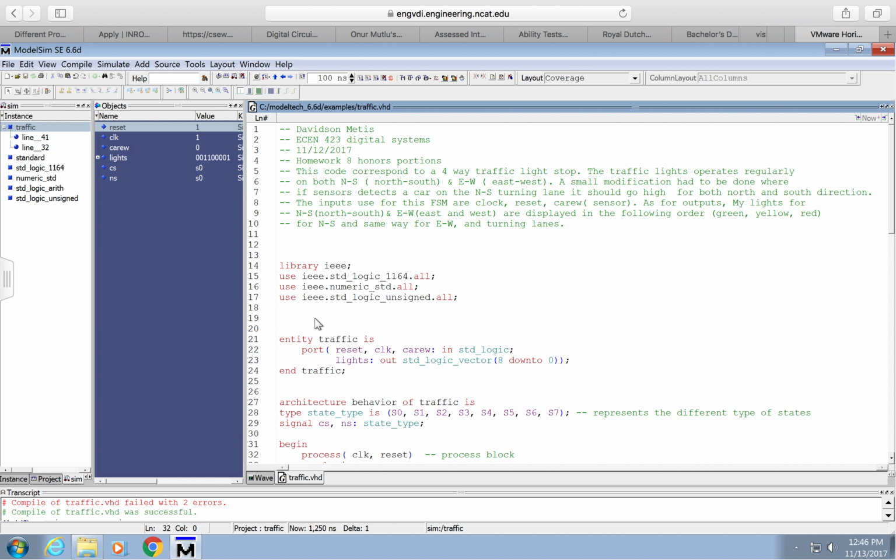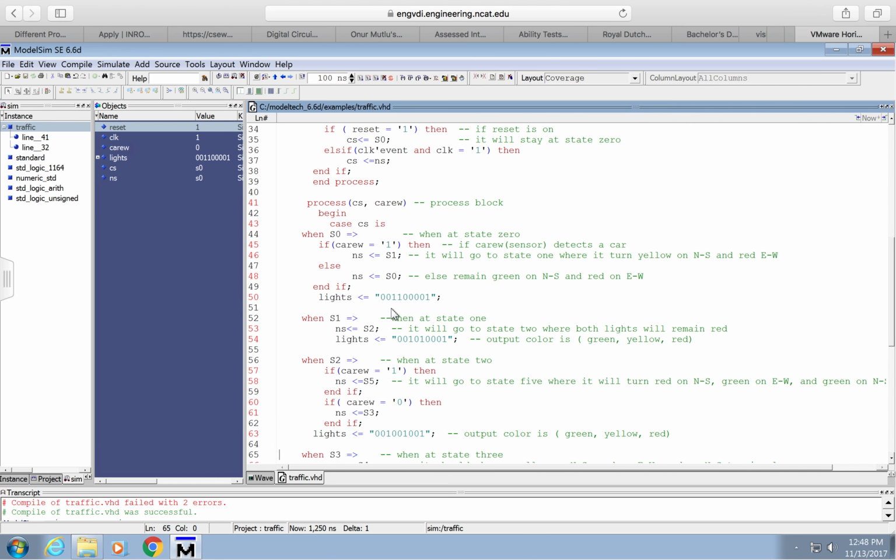So I didn't include any if statement, and then my output goes as 001, which is red on the north and south, yellow on the east and west, and red on my turning lane.